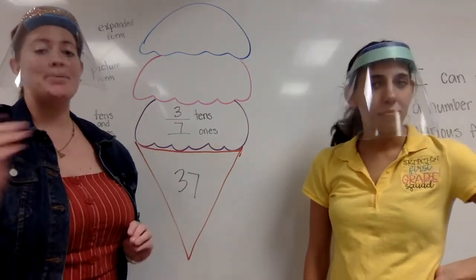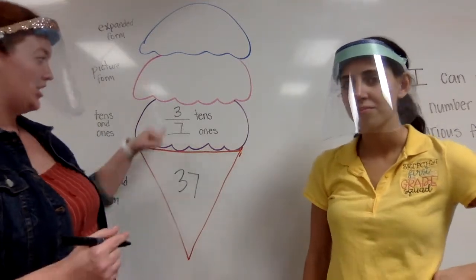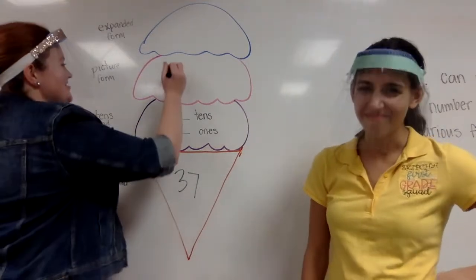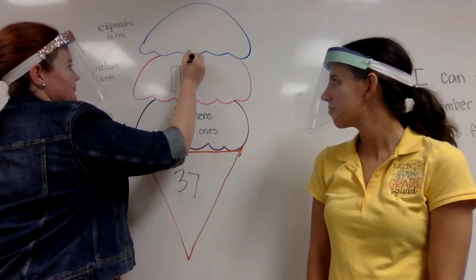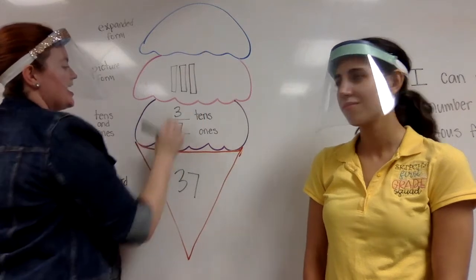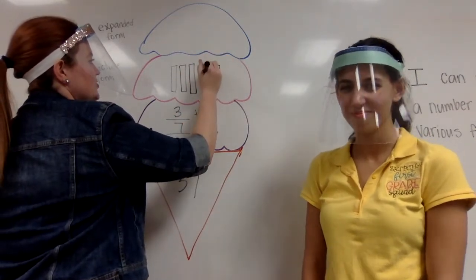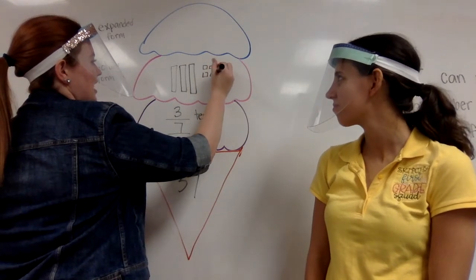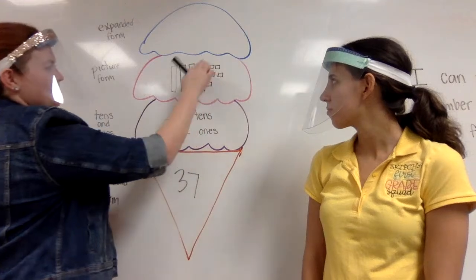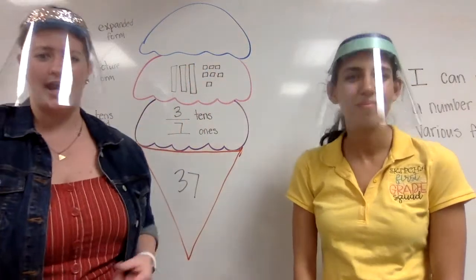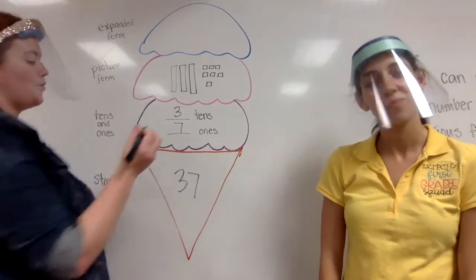Now, if I was going to build this in base 10 blocks or draw it in picture form, I need 3 tens. So I'm going to draw 3 tens and 7 ones. And I'm going to make sure that they are close to the same size, all of my ones and then all of my tens. And I put little gaps in between so you can really see what I drew. The last one is my expanded form.